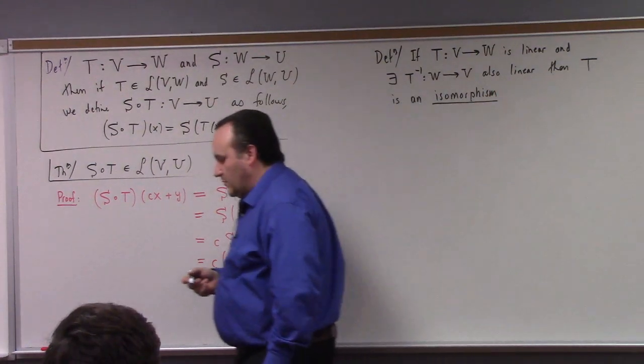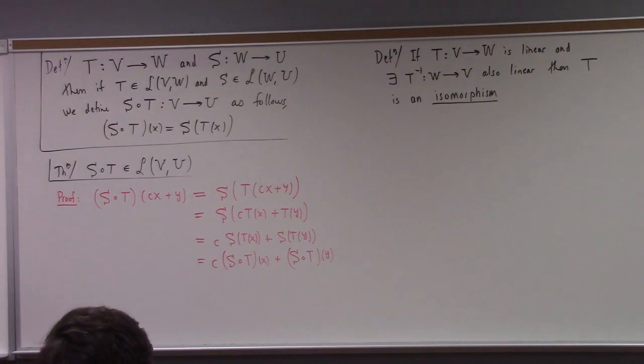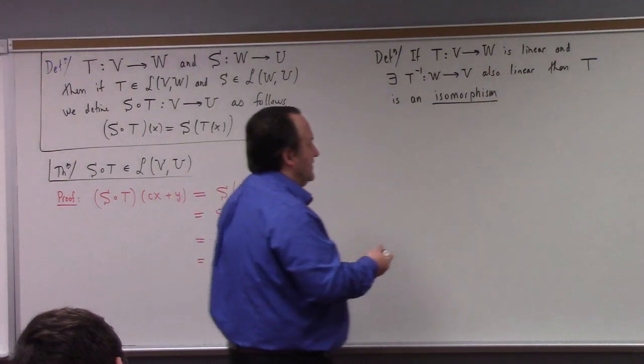Right, an isomorphism. So an isomorphism is a bijective linear transformation.